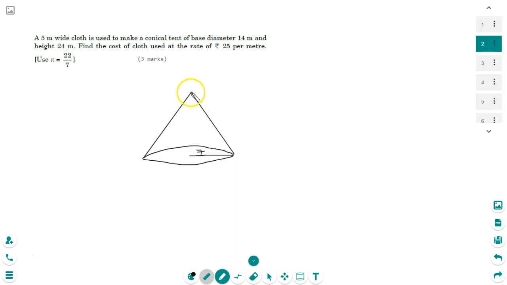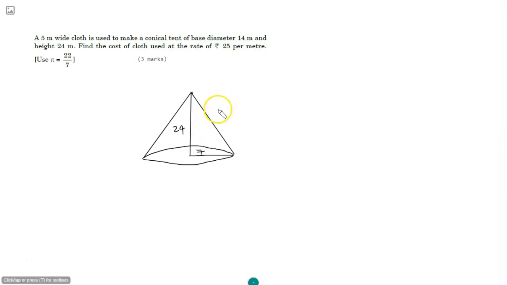So it's just height and not slant height. So this is the height that's given, that's 24 meters. Find the cost of cloth used at the rate of rupees 25 per meter. It's not really clear in the question, but let's assume that no cloth is laid on the floor of the tent. Okay, so we need to find the curved surface area of this cone, which is pi r l.